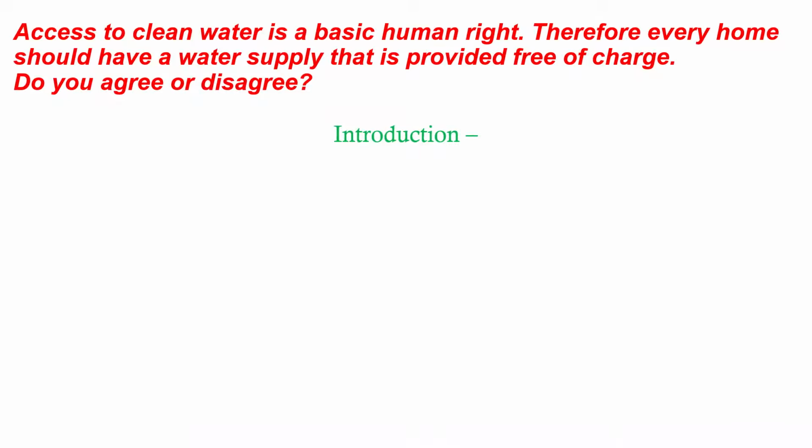Okay, so this is our question. Access to clean water is a basic human right. So this is basically a statement we have been given. Therefore, every home should have a water supply that is provided free of charge. So agree or disagree. So for the introduction, from here to here we will paraphrase.